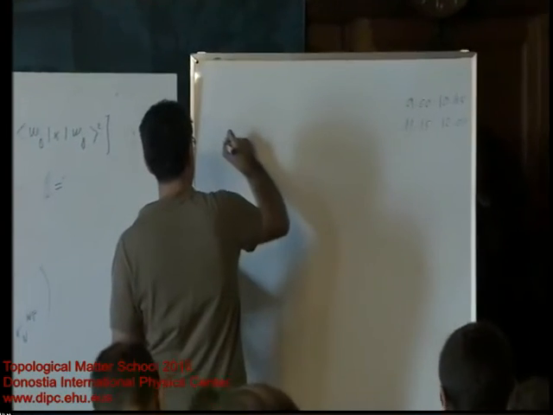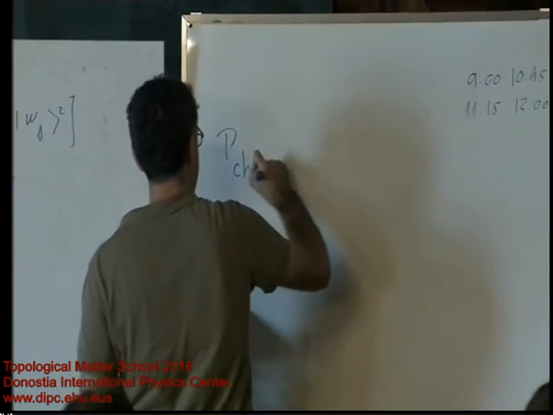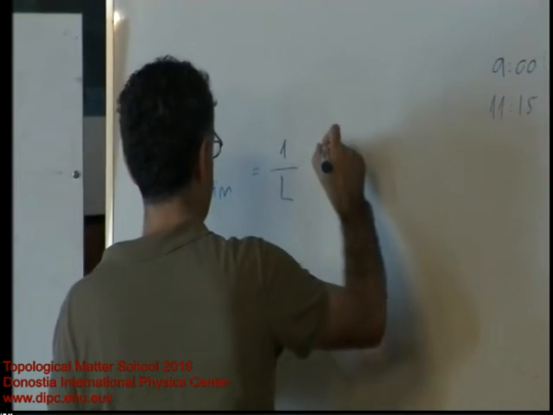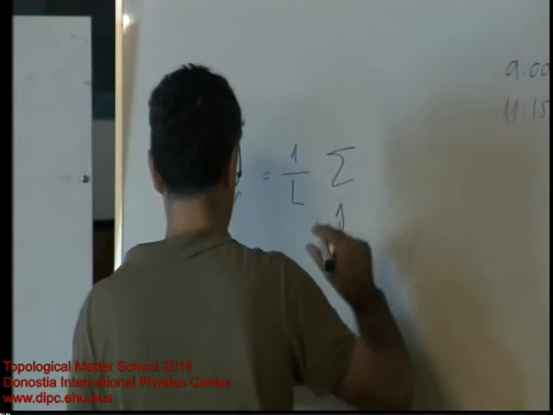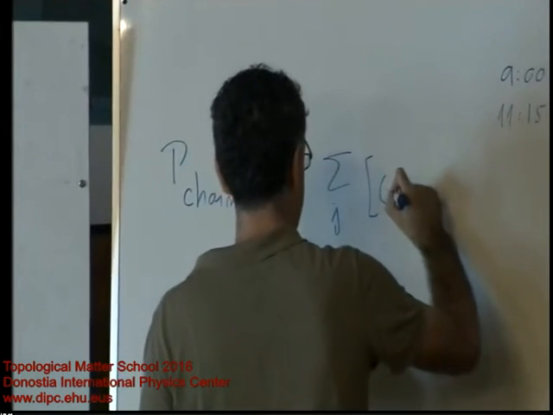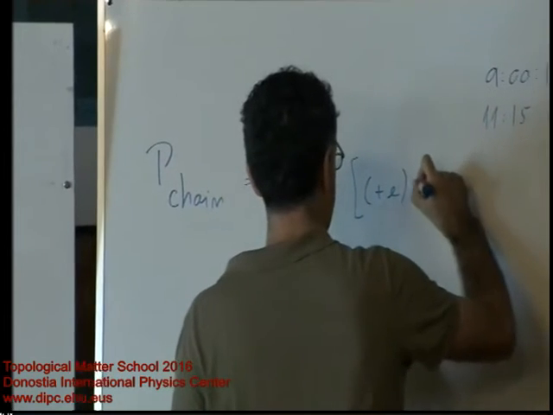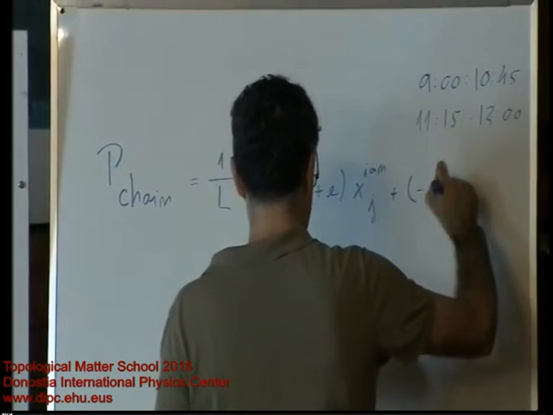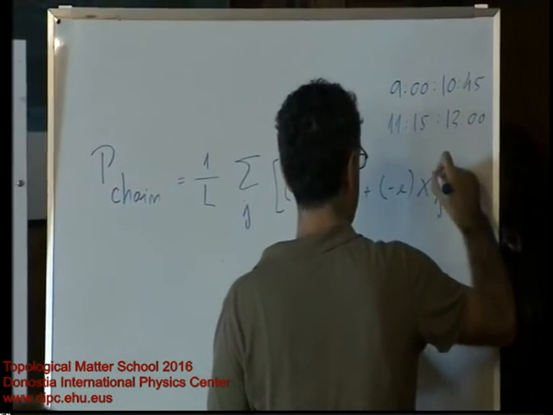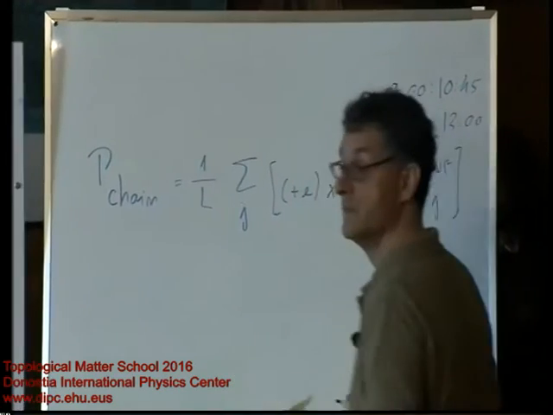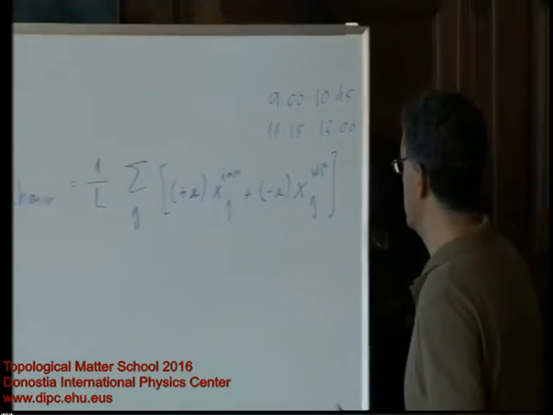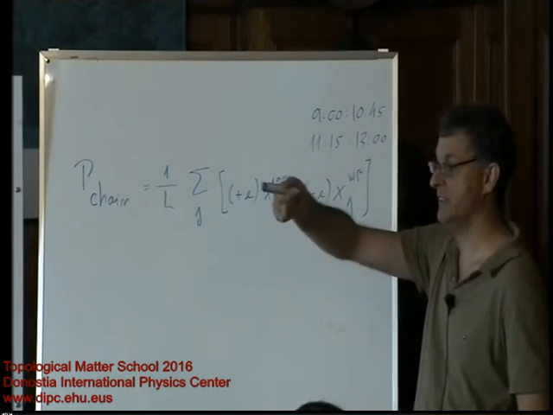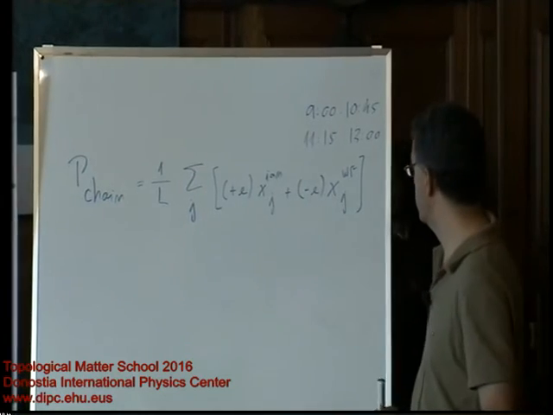And so what I get... X_j^ion is just the location of one of the ions in your lattice, in your chain.